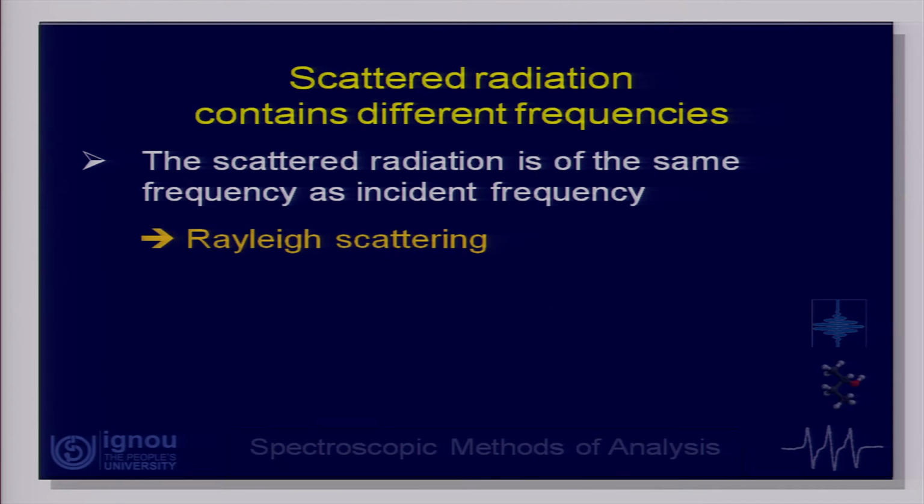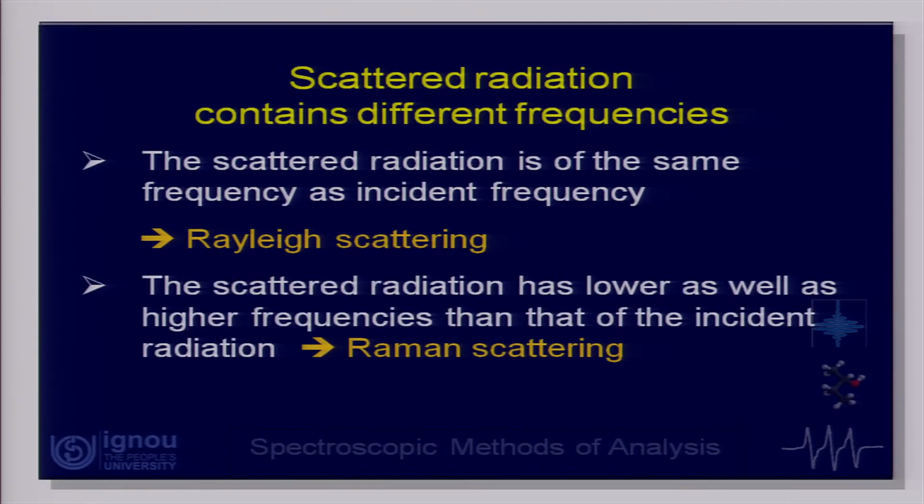In addition to that, a very tiny component has frequencies which are either slightly more or slightly less than that of the incident radiation, and that is called Raman scattering, and that forms the basis for what is called Raman spectroscopy. Very important phenomenon. Okay. Let us continue.